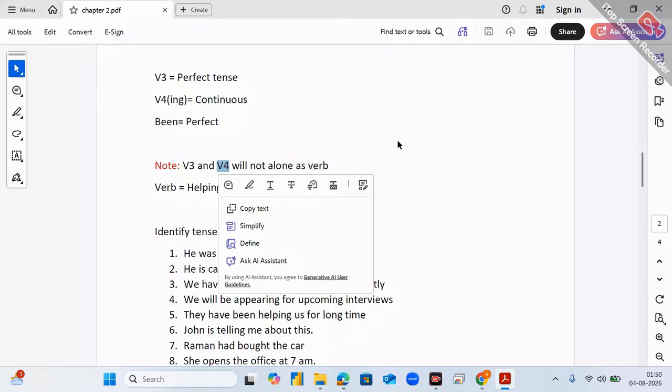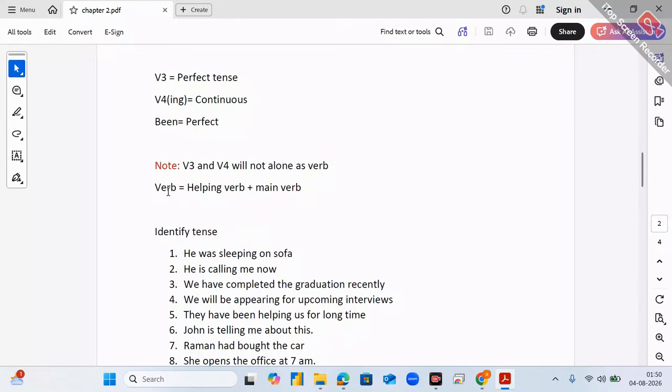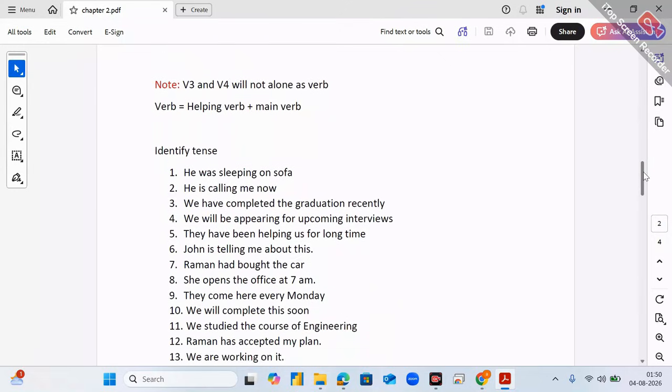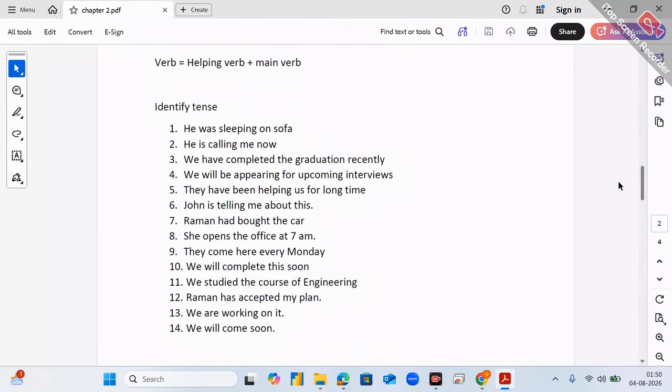So she is going, that is, go is the main verb, and the helping verb is comes here. Is going, ing. So this is V4. And V3, gone, right? Gone will come with the helping verb, that is has, have or had, right? So with the help of this, we are going to solve the following examples.